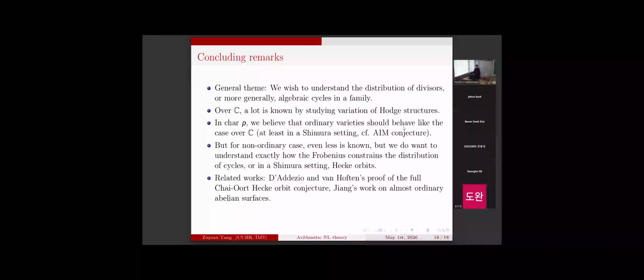There are two related works regarding this question. In the interest of time, I didn't spell out their exact theorems. But there's a recent paper by Marco D'Addezio and Paul van Hoften, which proves the full Hecke orbit conjecture.